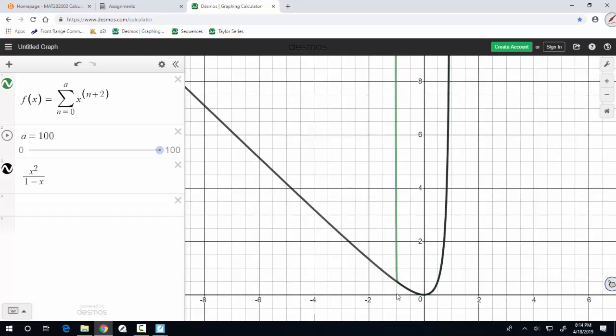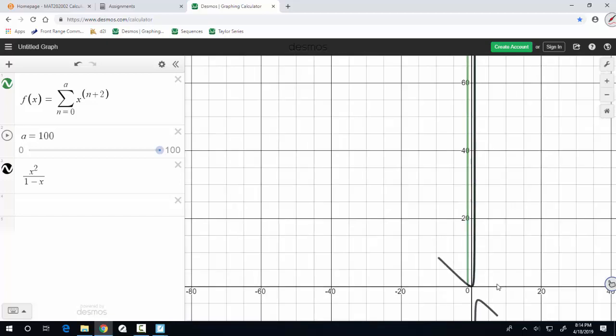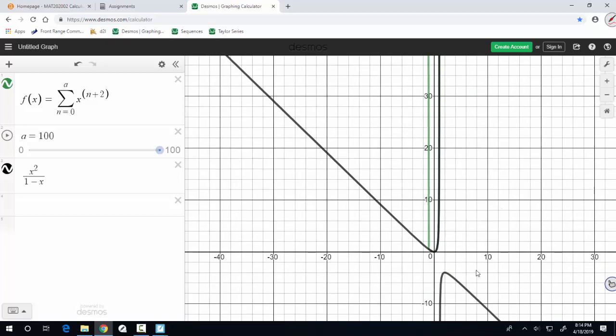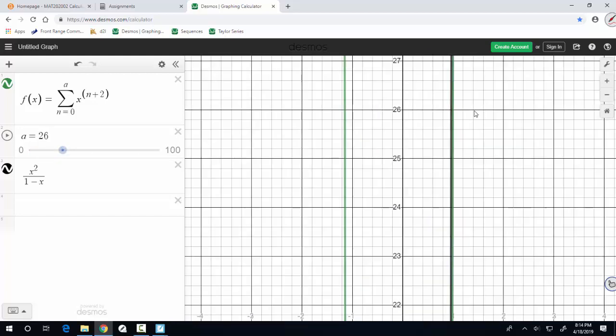Here's negative 1, and here's positive 1. I guess it's caught up. One more time. You know, it's not exact.